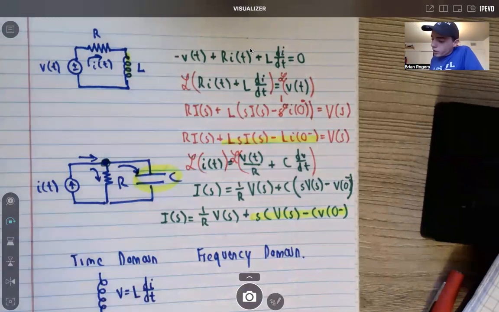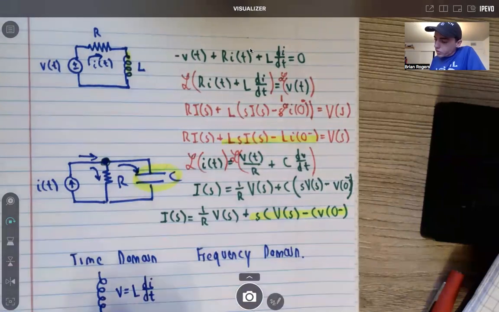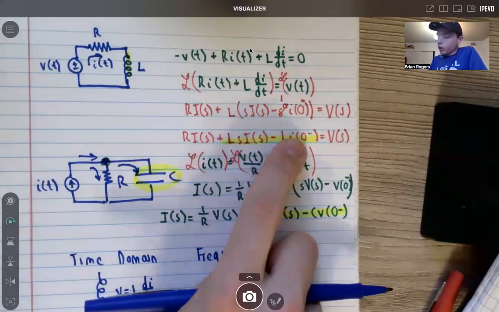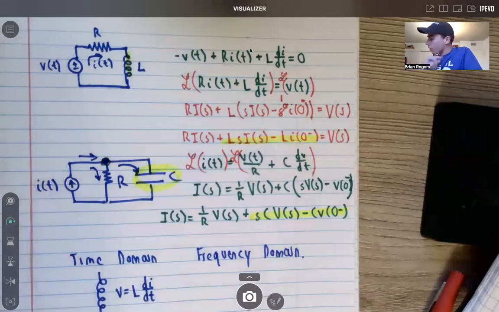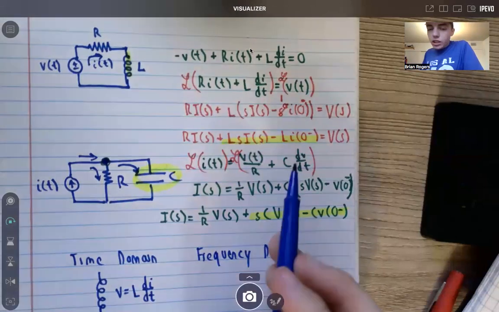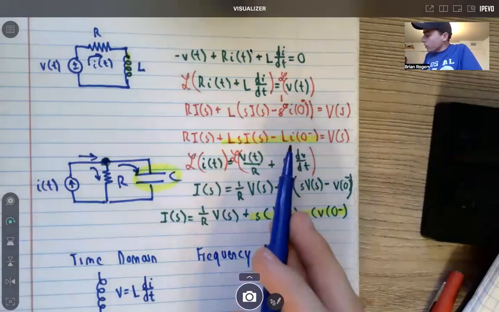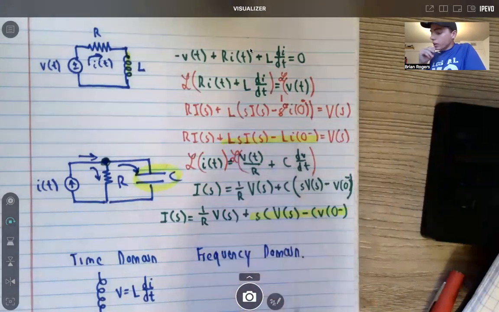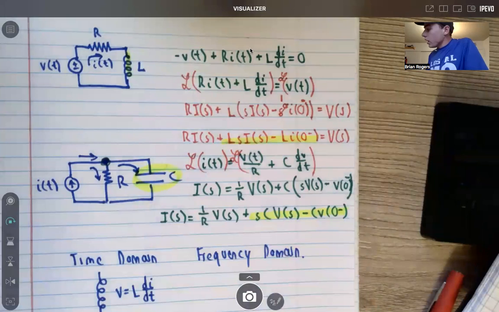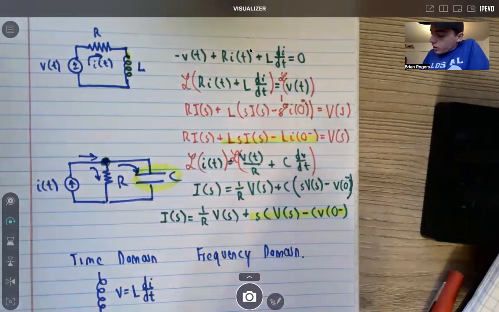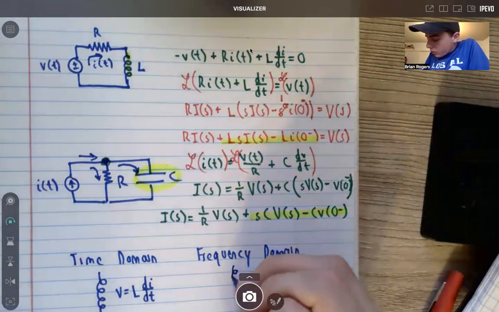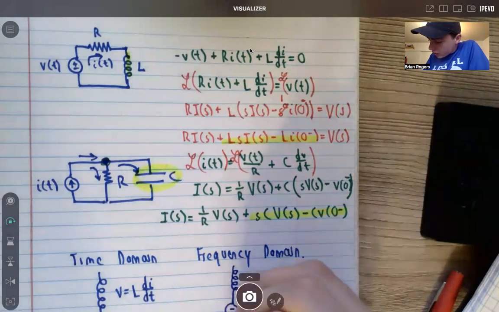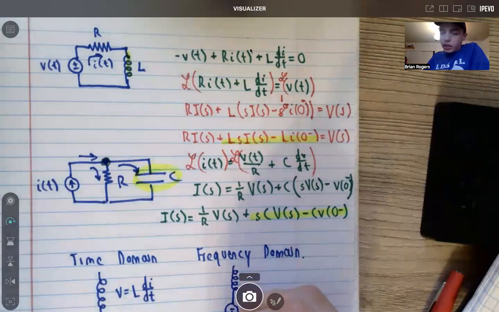We're going to see that the voltage on the inductor is given by these two parts here. It looks like there's an initial value corresponding to the inductor's current running through it. So we represent an inductor in the frequency domain with an inductor and then a voltage source that accounts for that initial condition.